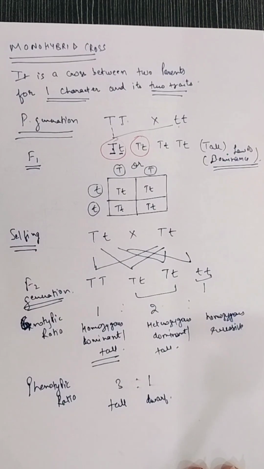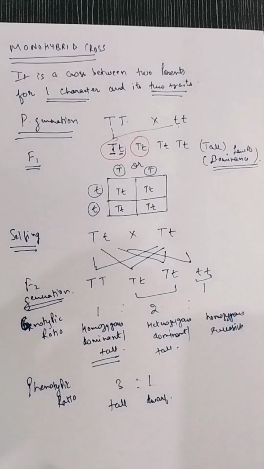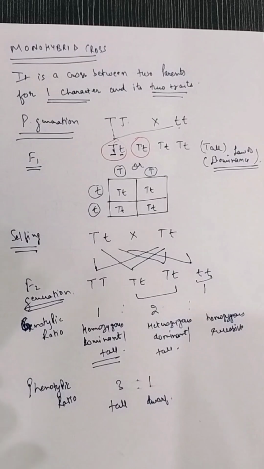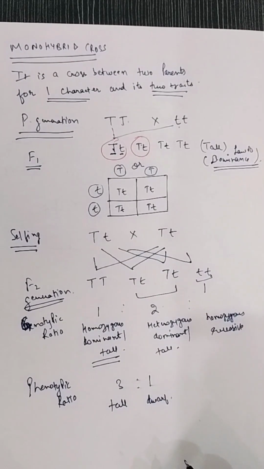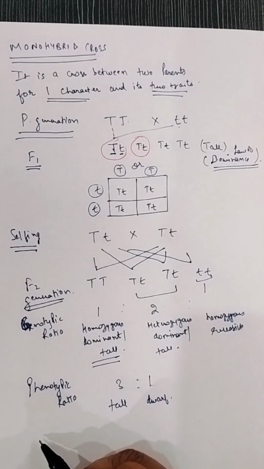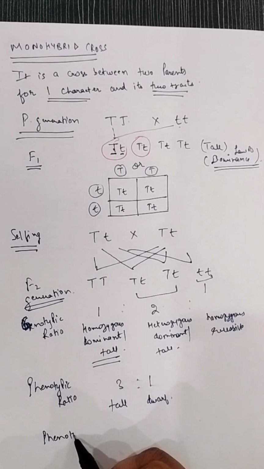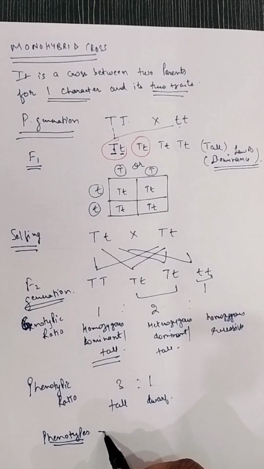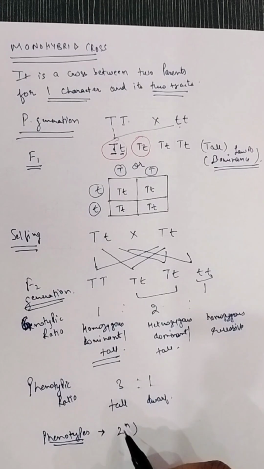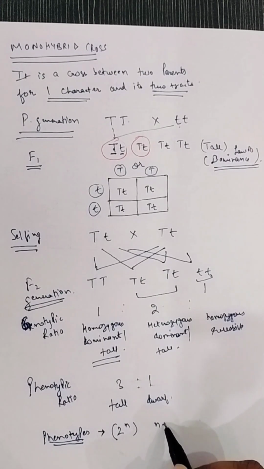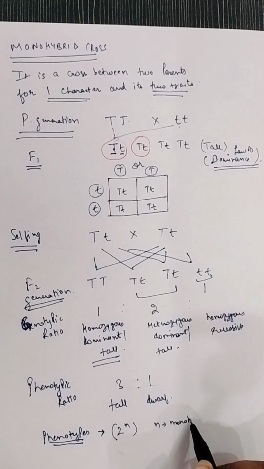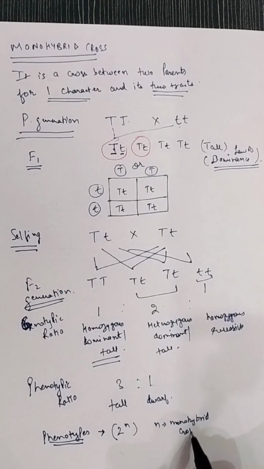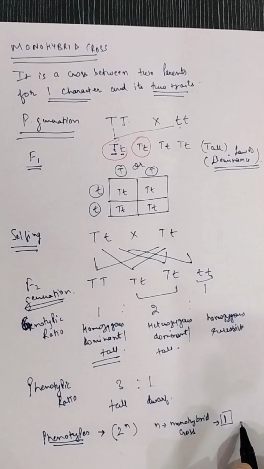Now, in order to get the phenotypes of monohybrid cross, there is one formula also, that is 2 raised to the power n, where n is the type of cross, and for monohybrid cross the value of n is always 1.